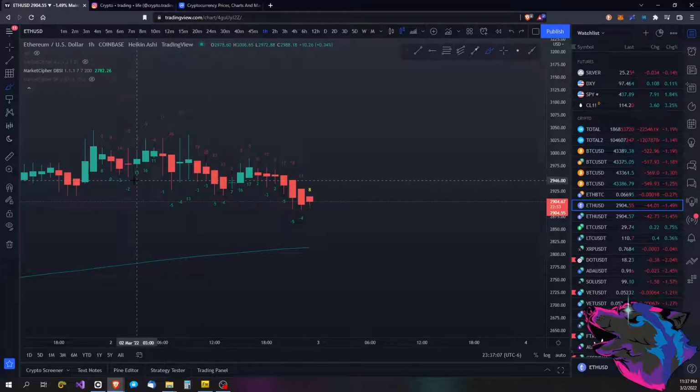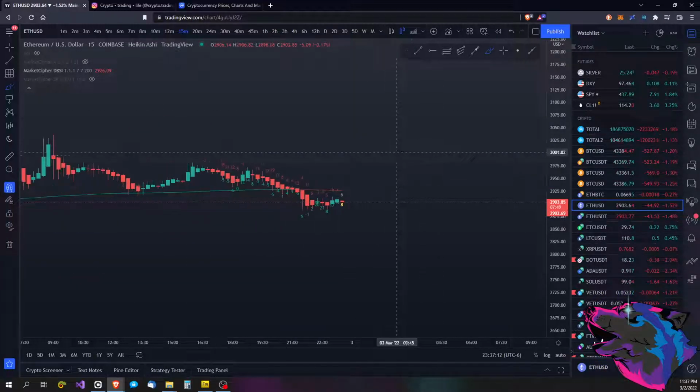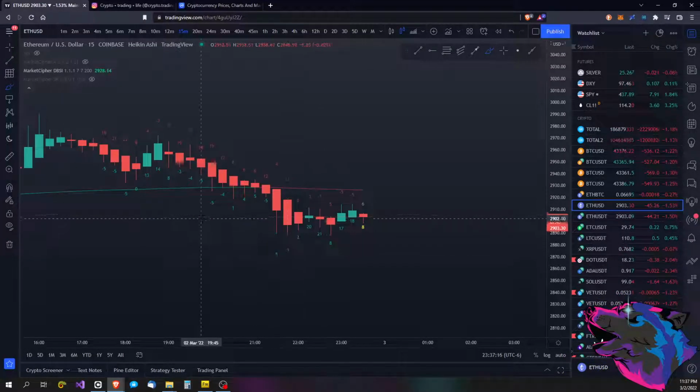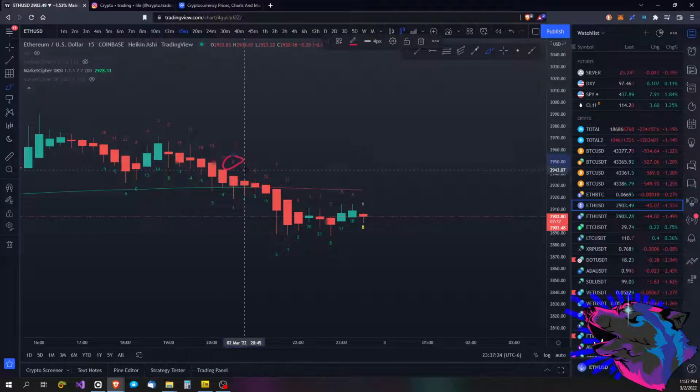So let's see if we get a better view here. As you can see on the top side, 19, 17, 18, 19, 17. But now we're getting into 8, 6, 6.